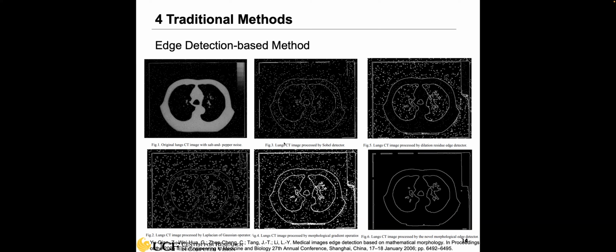Then we can use some algorithms to remove this kind of speckle noise and small parts, so eventually you can generate a pretty decent edge map. Then you can use that to differentiate different classes. So that's the edge-based method.